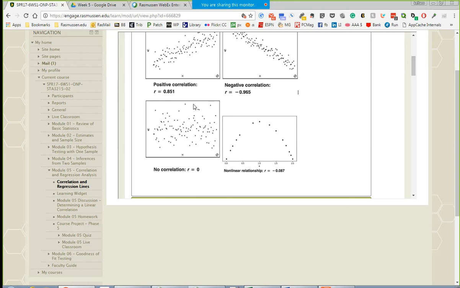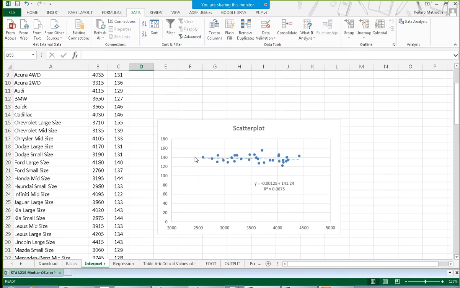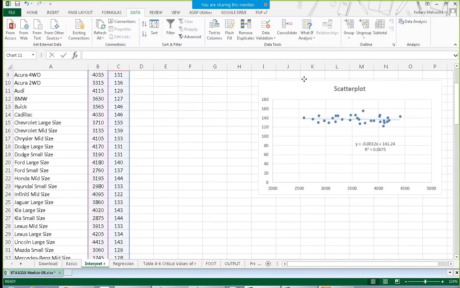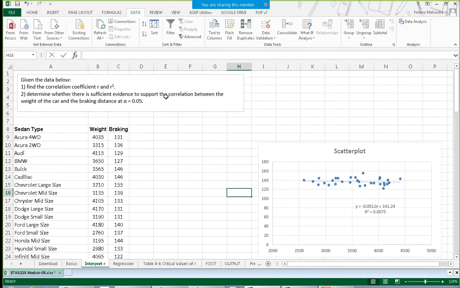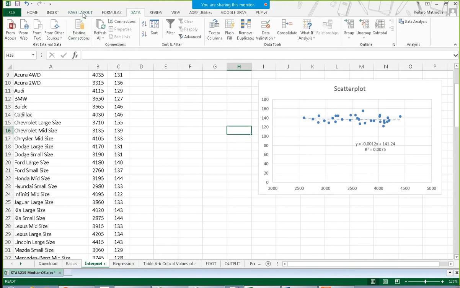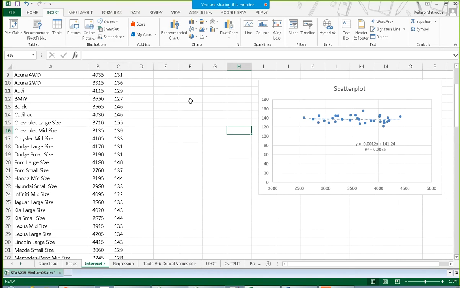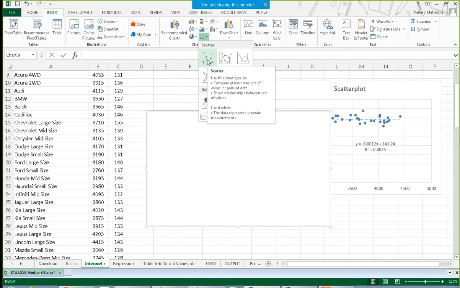So in order to look at correlation, we look at the scatter plot. So you have to recreate something like this. How do we do that? To do so, go to Insert, Charts, and then Scatter Plot, you're going to do the first one.